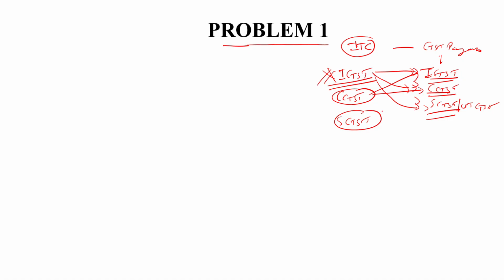If we have SGST, then we use SGST first and then IGST second to set off. Very important: CGST cannot be used to set off SGST and SGST cannot be used to set off CGST. Cross utilization is not possible in the GST set-off rule.